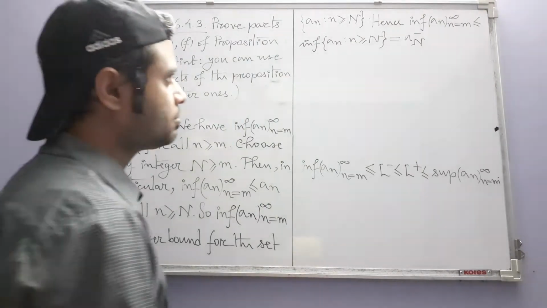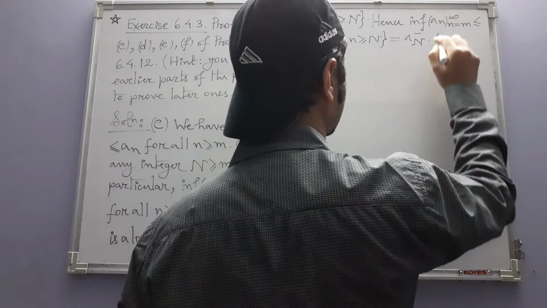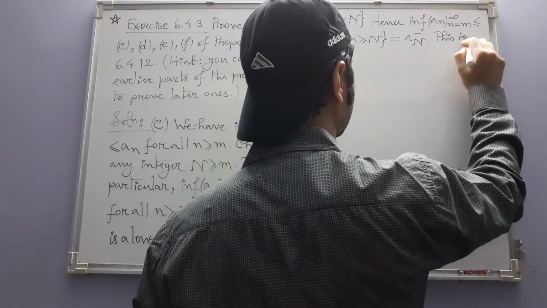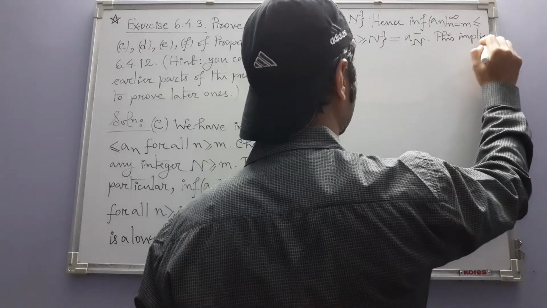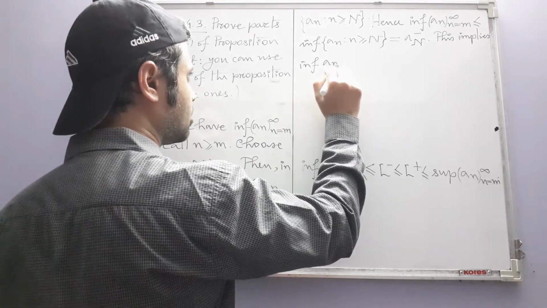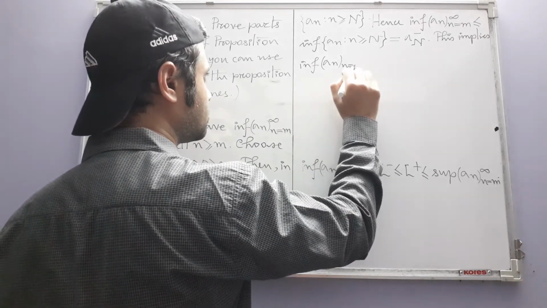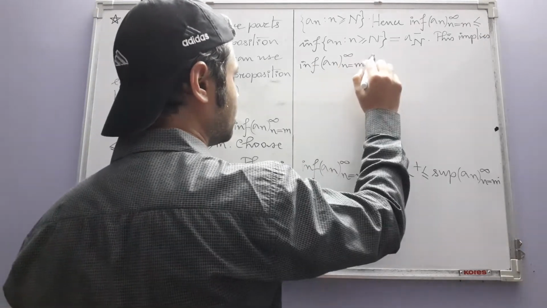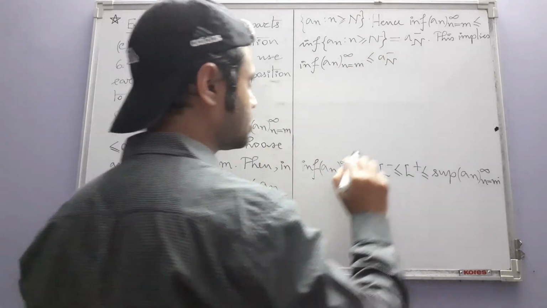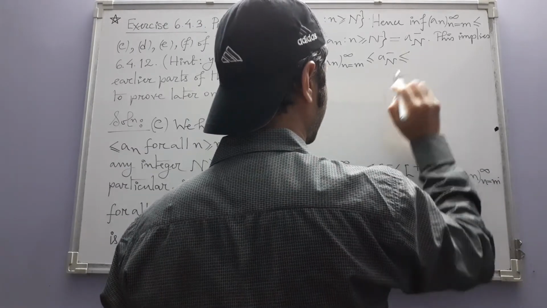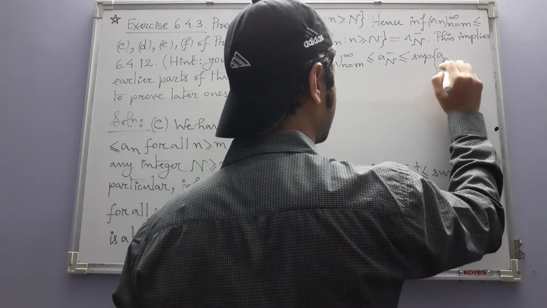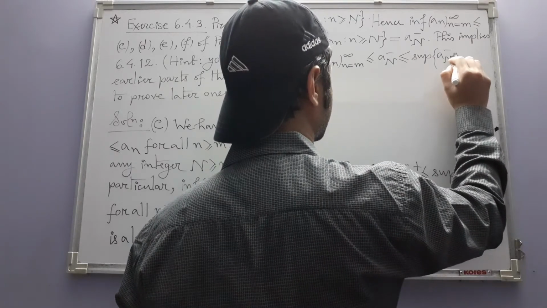Okay. This implies that the infimum of the sequence, we have shown that this is less than or equal to a capital N minus, that itself is less than or equal to the supremum of this set.